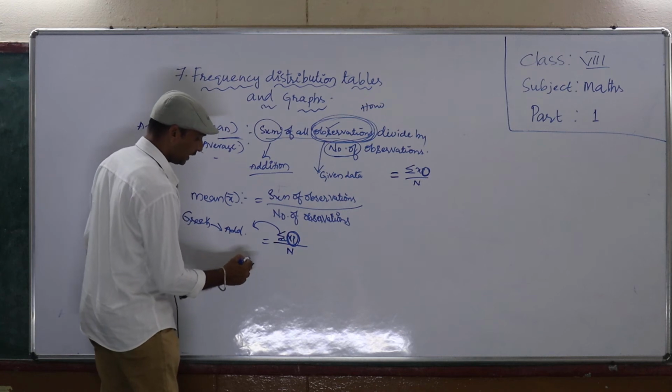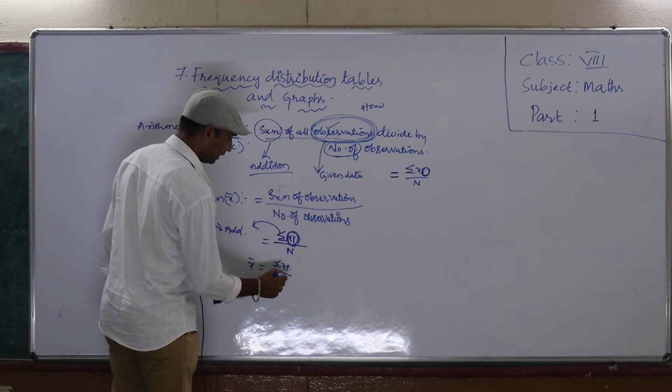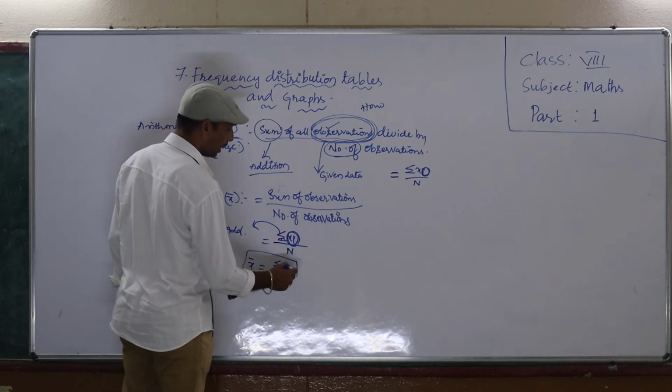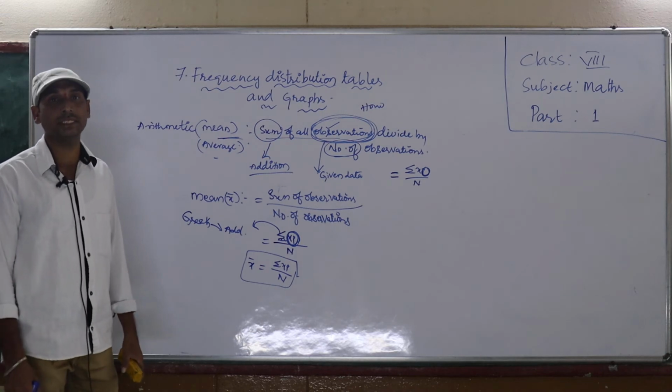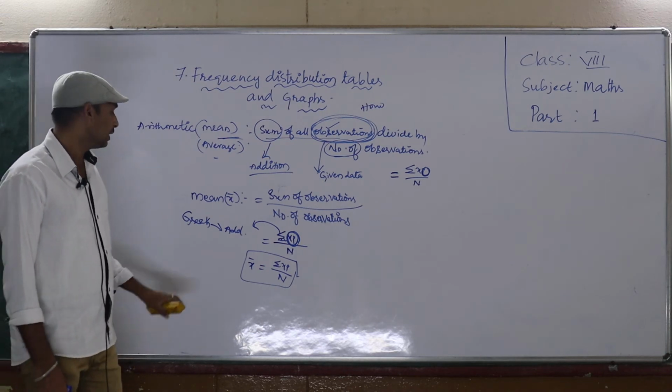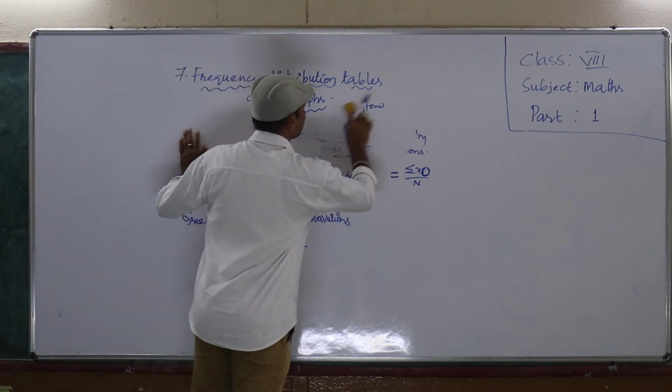So x bar is equal to sigma xi by n. This is the formula to find the arithmetic mean.